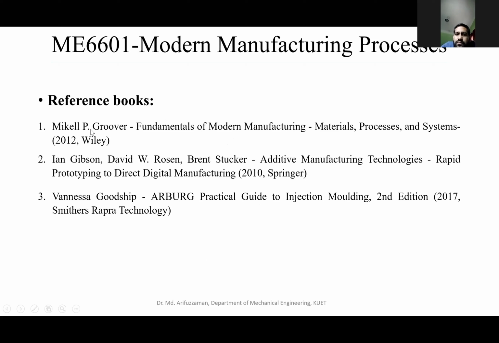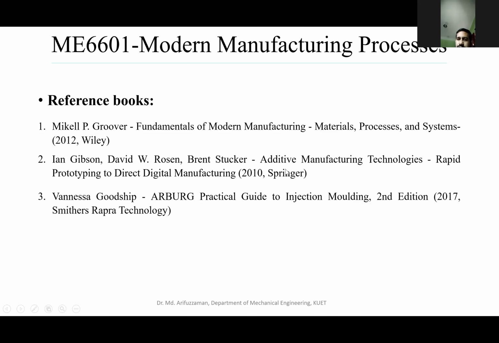The reference book is mainly, I'll follow Mikell P. Groover, 2012, Wiley publication, Fundamentals of Modern Manufacturing: Materials, Processes, and Systems. This is the main reference book. For additional reading, for additive manufacturing you can read Additive Manufacturing Technologies: Rapid Prototyping to Direct Digital Manufacturing from Springer, 2010.